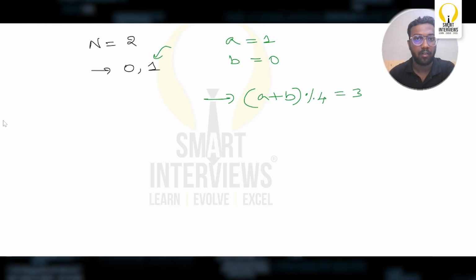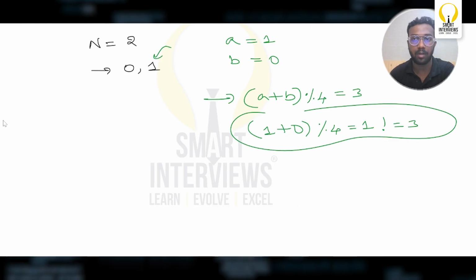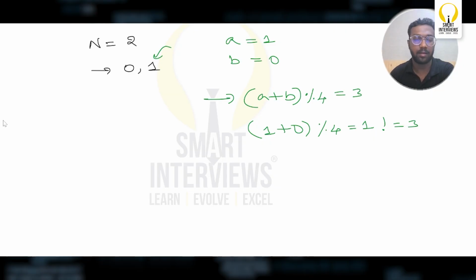Here, if Alice picks a, which is 1, and Bob picks 0, 1 plus 0 mod 4, that is 1 mod 4, will be 1, which is not equal to 3. But as per the problem statement, you have to make this condition satisfied. If it was 3, it would have been fine, but you have 1 here.